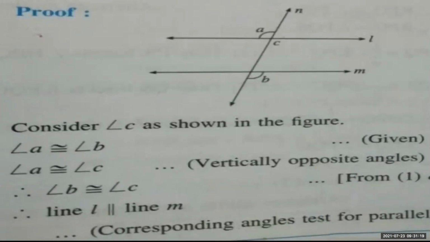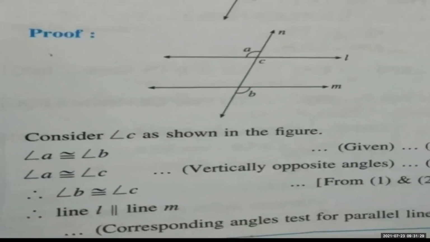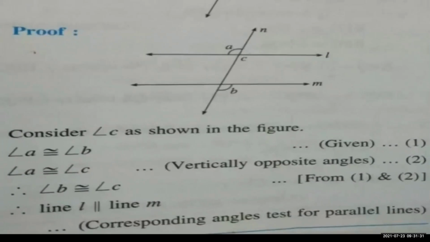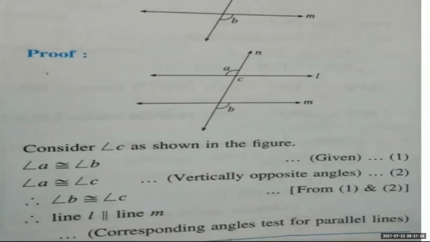Now angle A congruent angle C. I already told it, it is a pair of vertically opposite angles. So those are congruent to each other. And both the equations are labeled as equation 1 and equation 2. आप देख सकते हो, first equation है and second equation है.